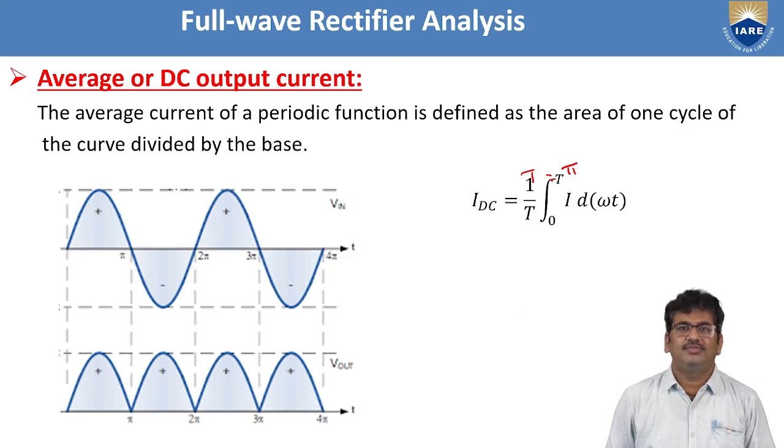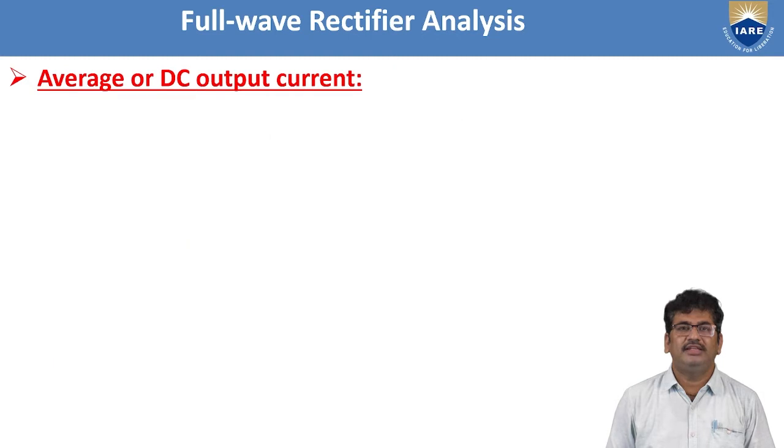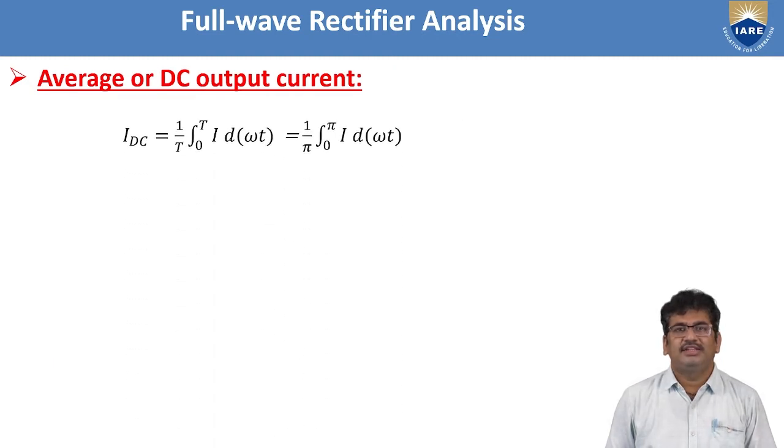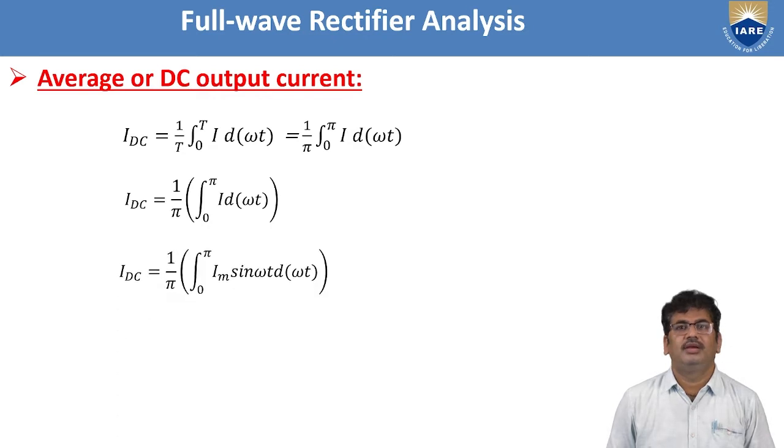Substituting I as Im sin omega t, we can rewrite IDC as 1 by pi integral 0 to pi of Im sin omega t, integrating with respect to d omega t.